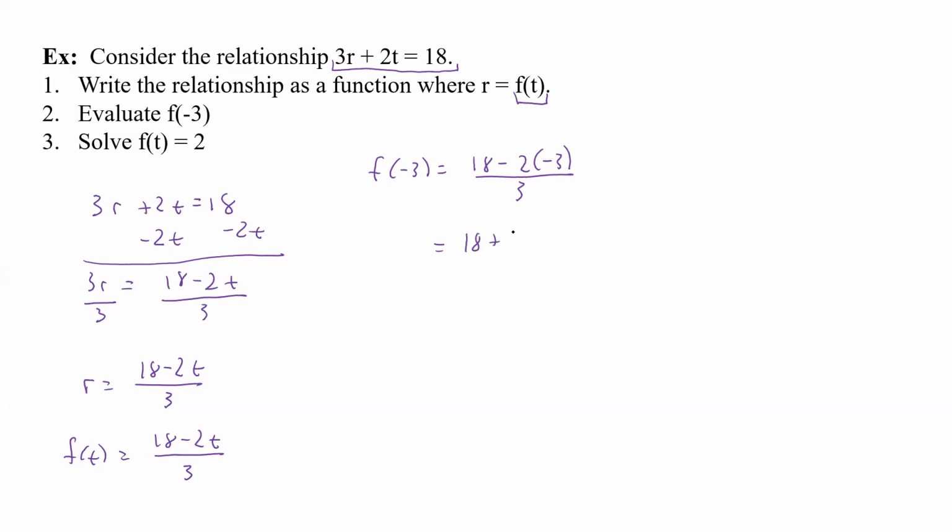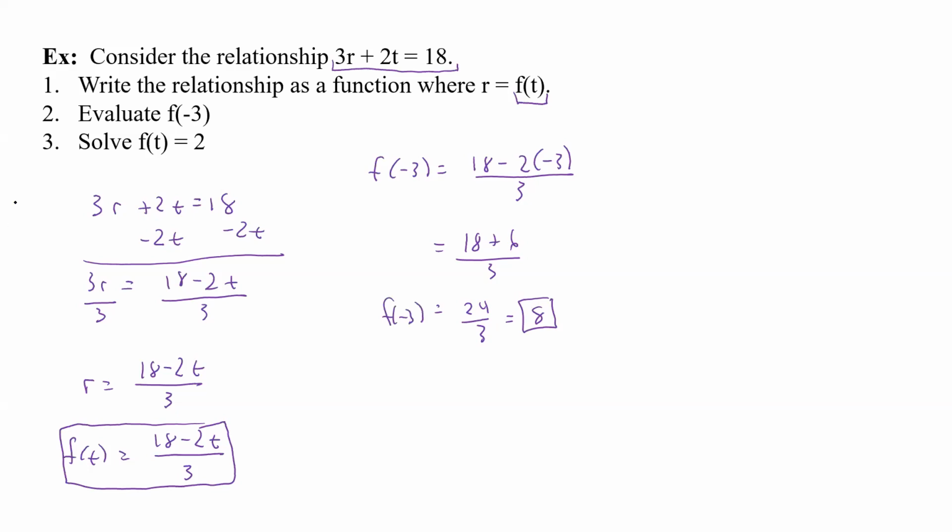We have 18 plus 6 over 3. And so then 18 plus 6 is going to give me 24 over 3, and 24 divided by 3 is 8. And so that would then be my solution there. So f of negative 3 is equal to 8.